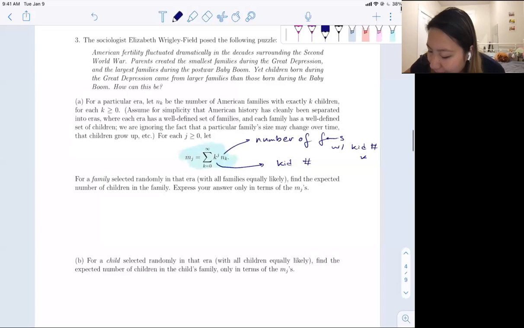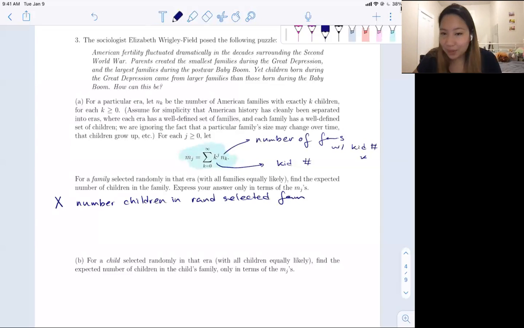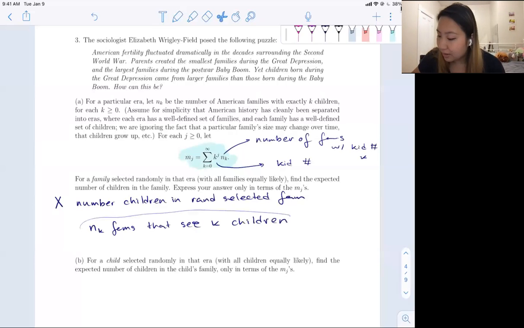Let's call X the number of children in a randomly selected family. There are n sub k families that see k children, is the heuristic we're going to take on.